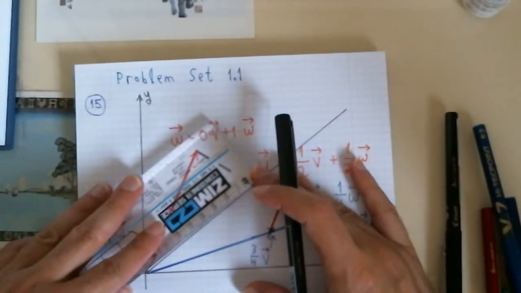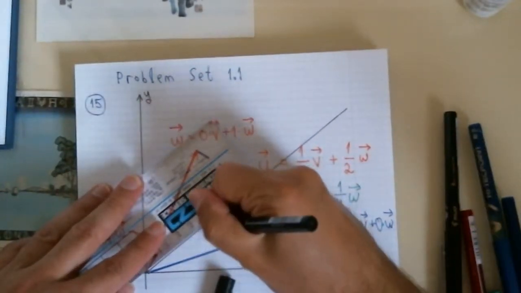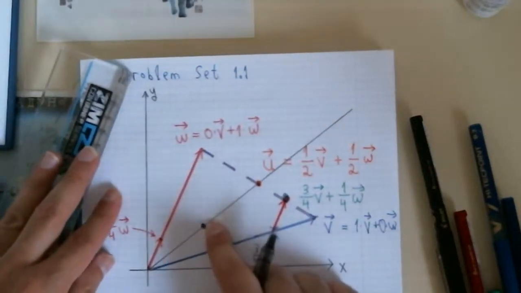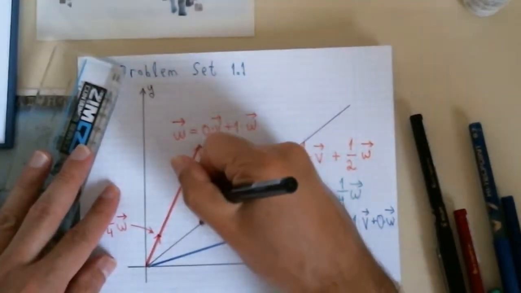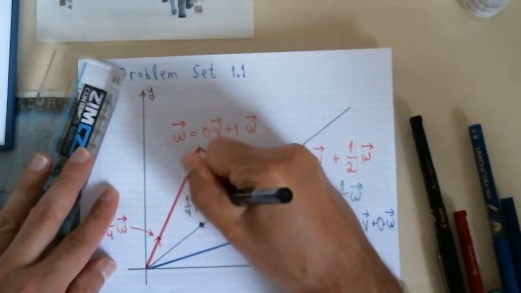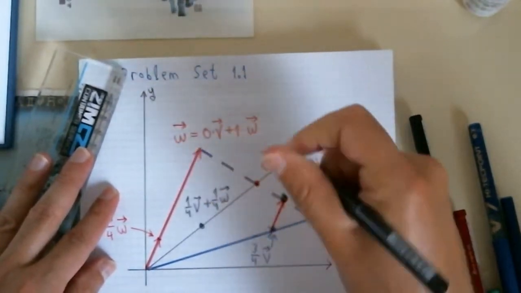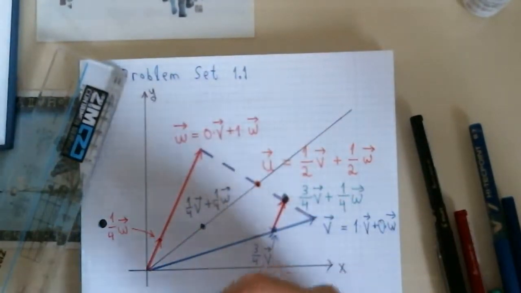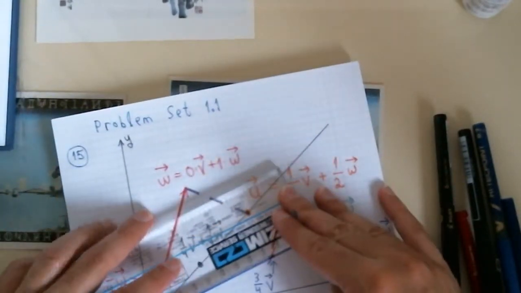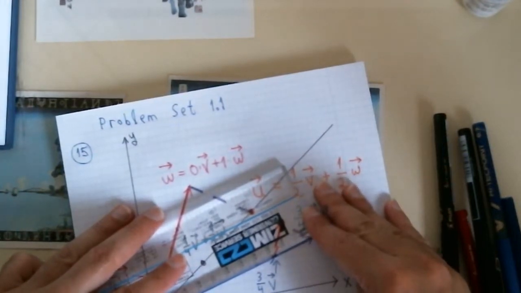If this is 9 centimeters, it would be about here. This point, the black point, would be quarter V plus quarter W. And if you want, you can illustrate it for yourself by doing the drawing. Of course, it doesn't prove anything, it's just to illustrate.